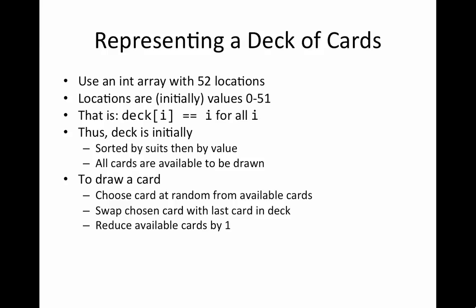By this swapping, we don't really have to modify our array massively. The last feature that we said that we want our deck of cards to have will be the ability to shuffle it. Now, shuffling would mean that we just set all of the available cards back to 52.